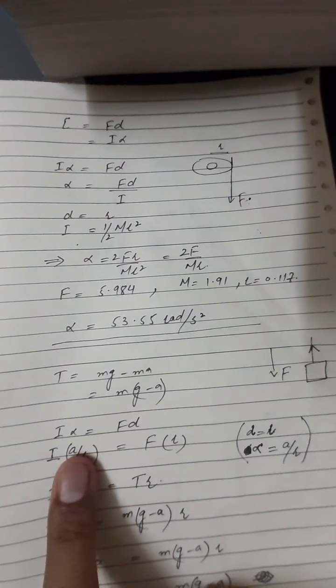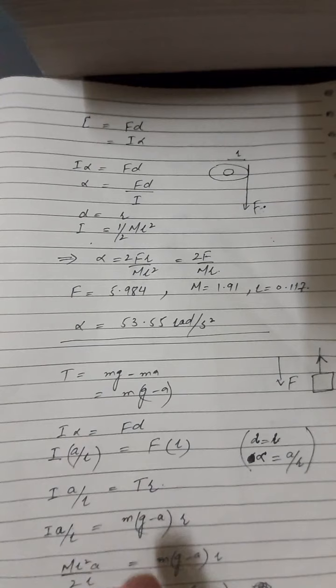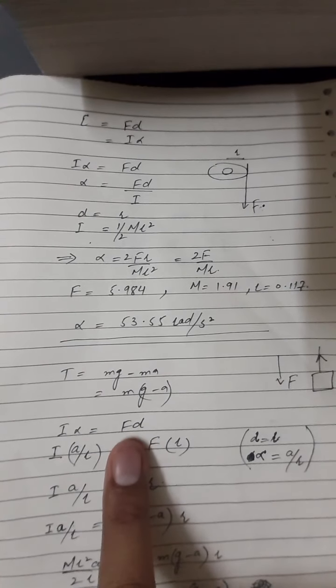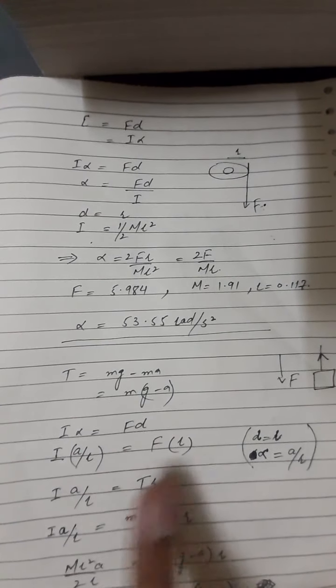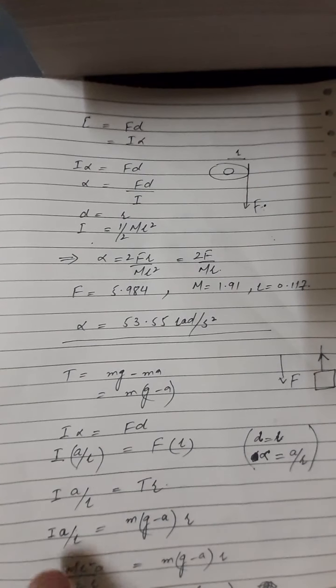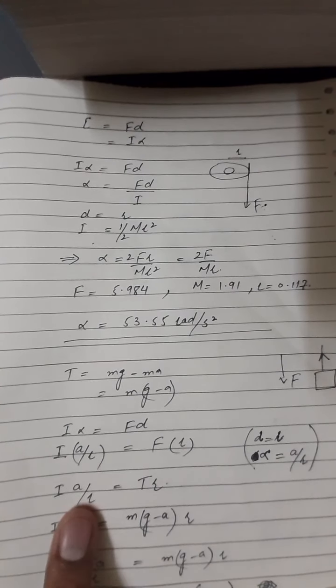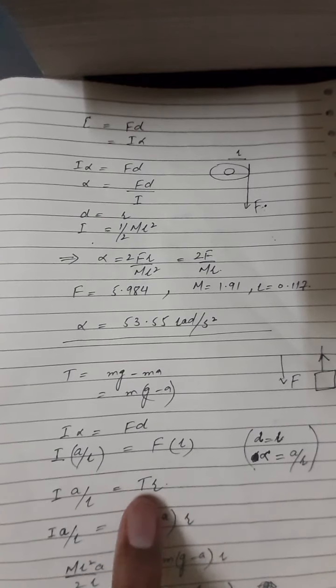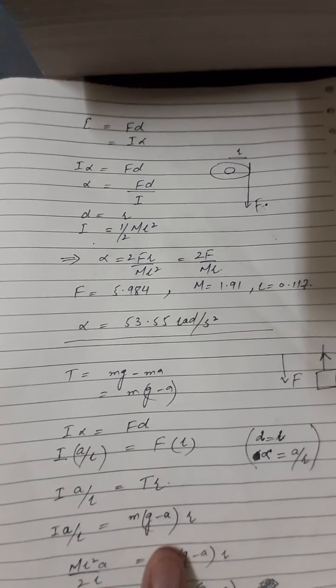Then again, using the same equation, I alpha is equal to Ft, we'll just put T for F, d is r, and alpha is a over r. So combining them all, you get this equation, and then putting in the value for tension, we get this.